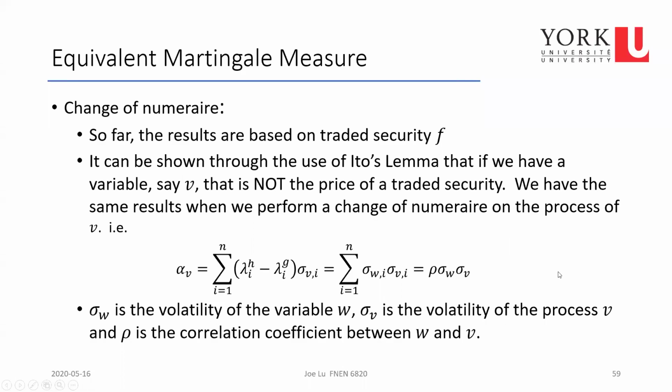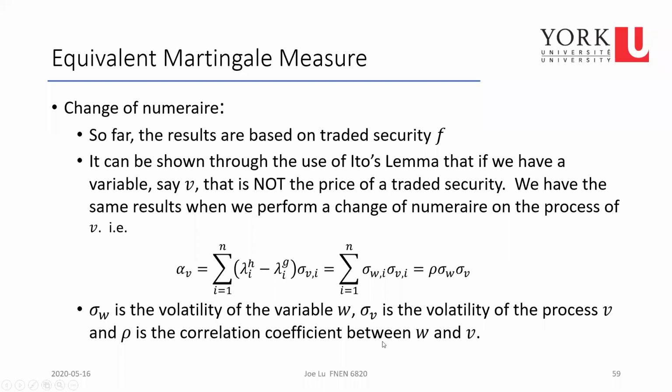Well, we claim that when we change numeraire from G to H, it doesn't matter if we're looking at the price process or a process of, for example, an interest rate, which is not a price, but is a process related to the price in the sense that they have the same risk factors.